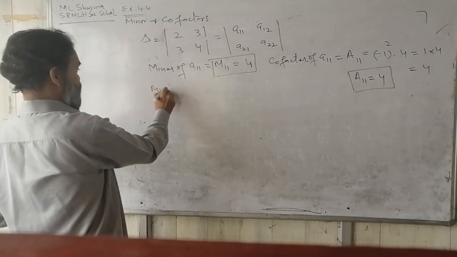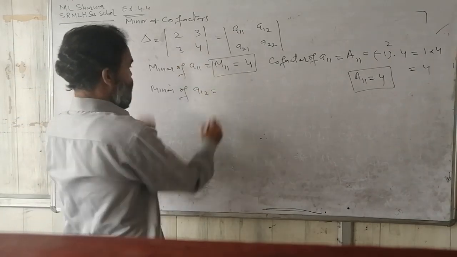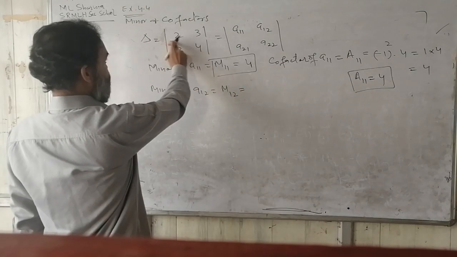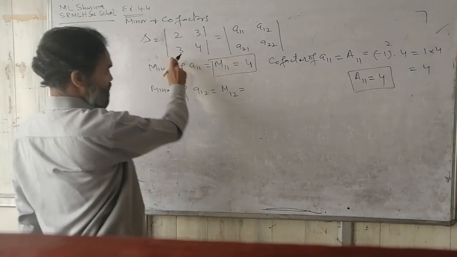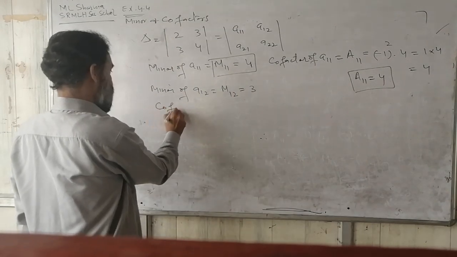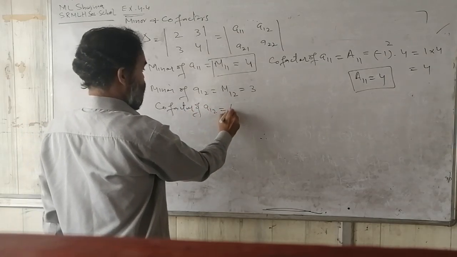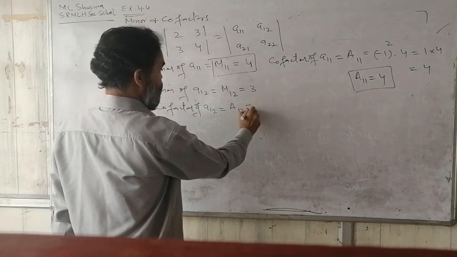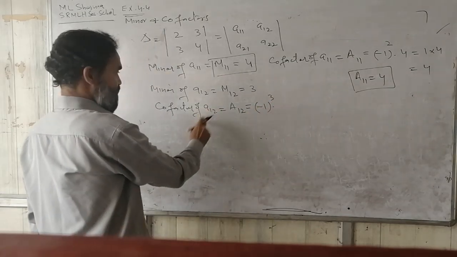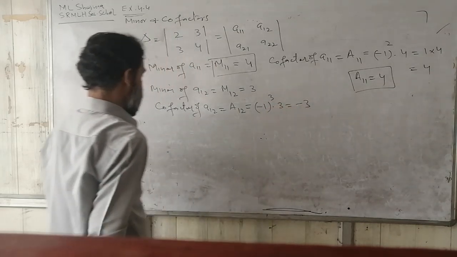Minor of A12, this element, M12, is found by deleting this row and this column, so I am left with only 3. Its cofactor is equal to (-1) to the power 1 plus 2, which is 3, into its minor. So the minor is 3, and this will be minus 3.